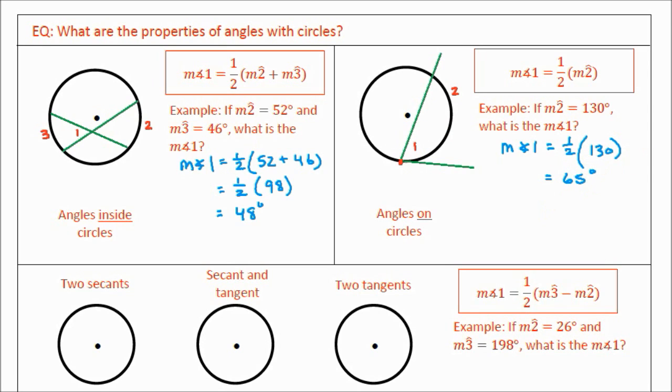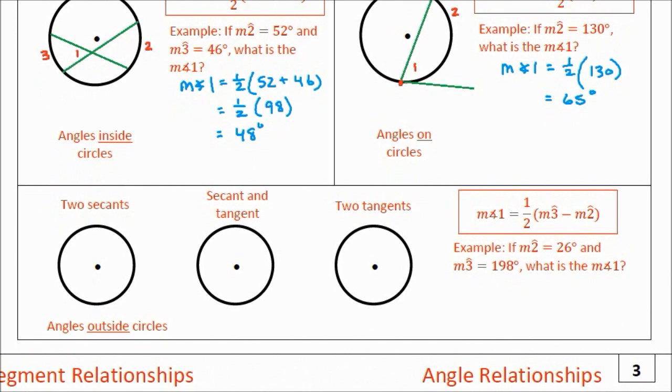All right, our last situation. We just covered angles inside circles and angles on circles. Now our last scenario is angles outside of circles. There are 3 possible ways we can create those angles: with 2 secant lines, with a secant and a tangent, and with 2 tangents. So let's go ahead and diagram those 3 possible situations.